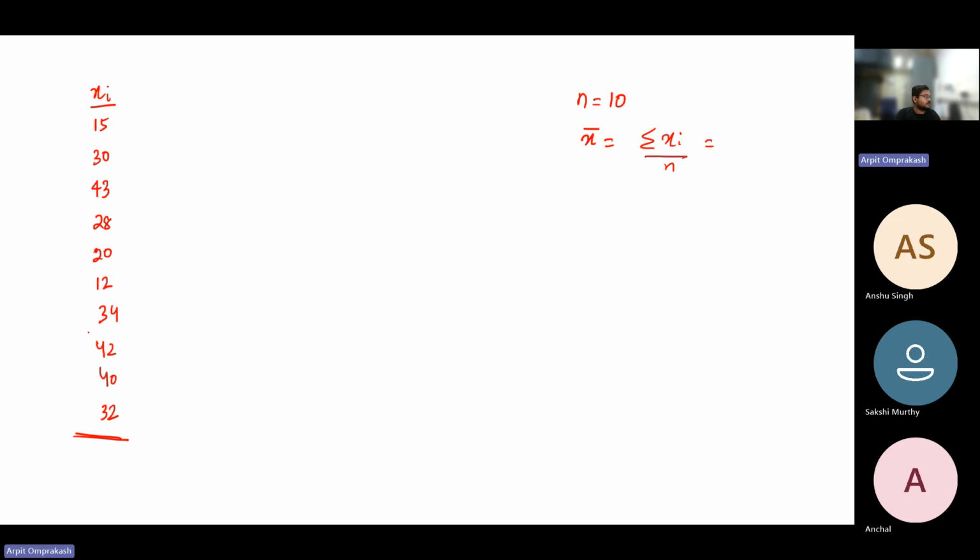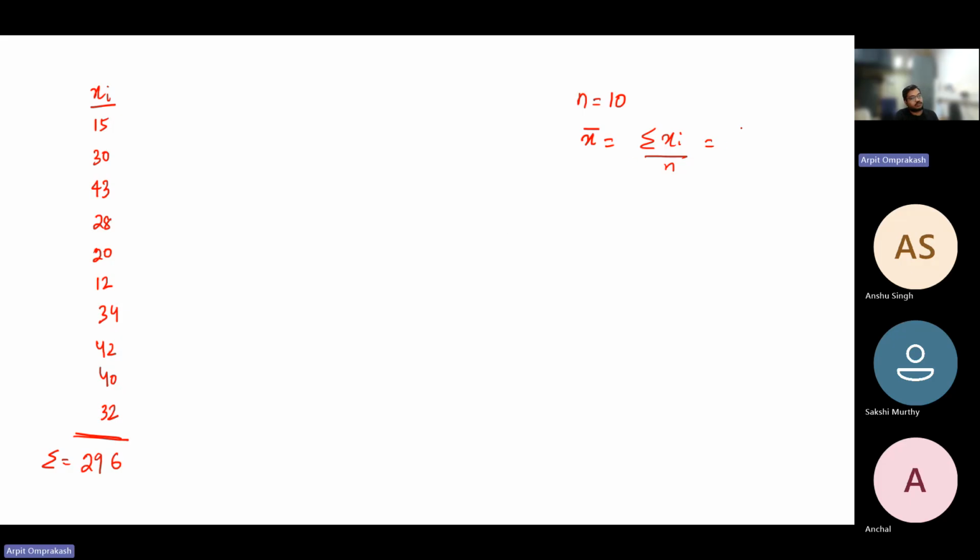In this case, we take the sum of these, say 29.